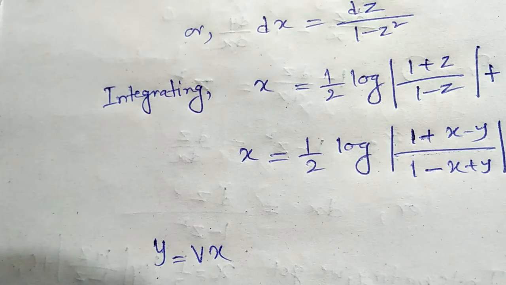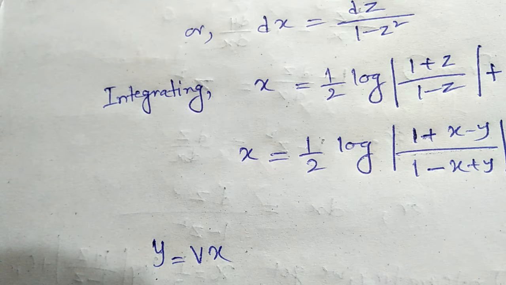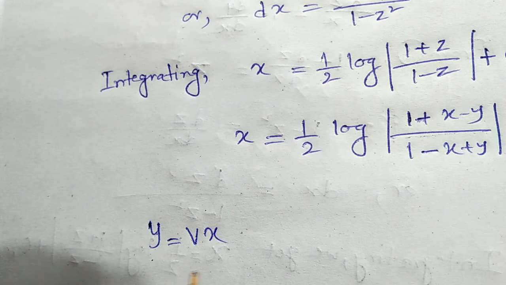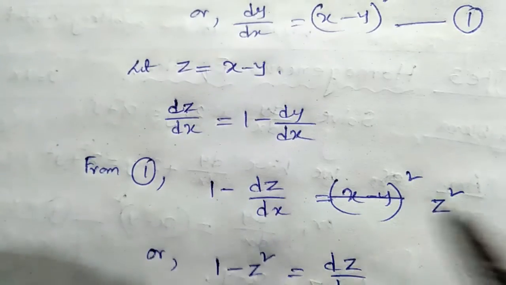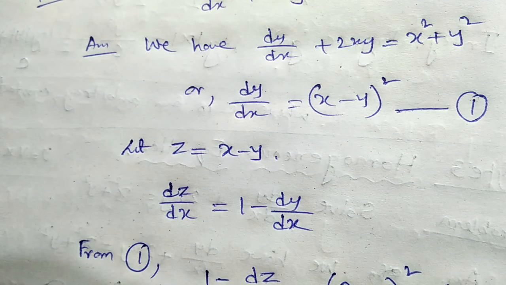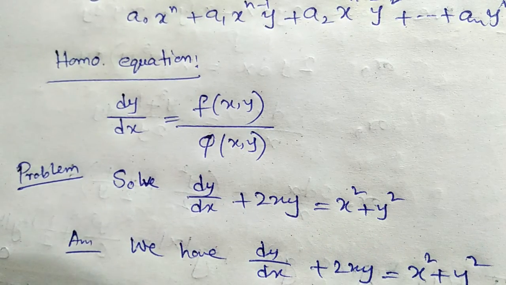If the ODE is a homogeneous equation, in that case we put y equal to vx, and then differentiating, dy/dx equal to so on, we put the value of dy/dx in the given equation and then solve it. So this is one type and this is another type. This is the technique to solve homogeneous equations.